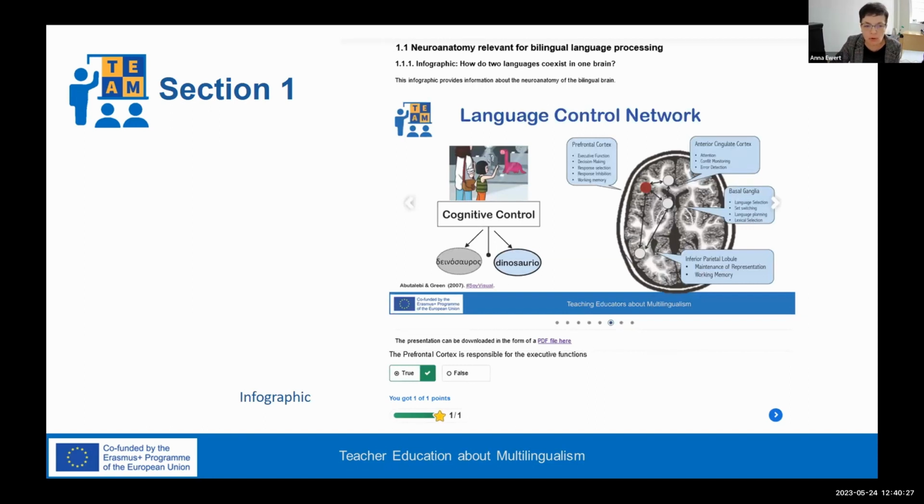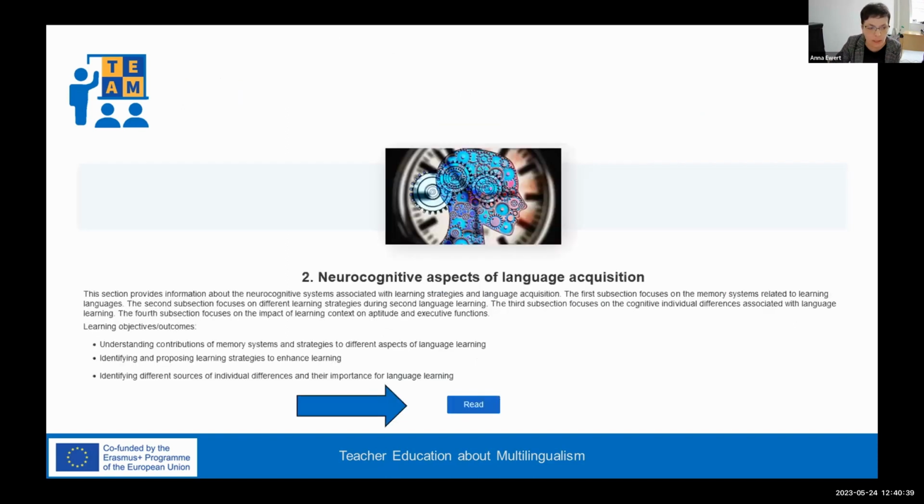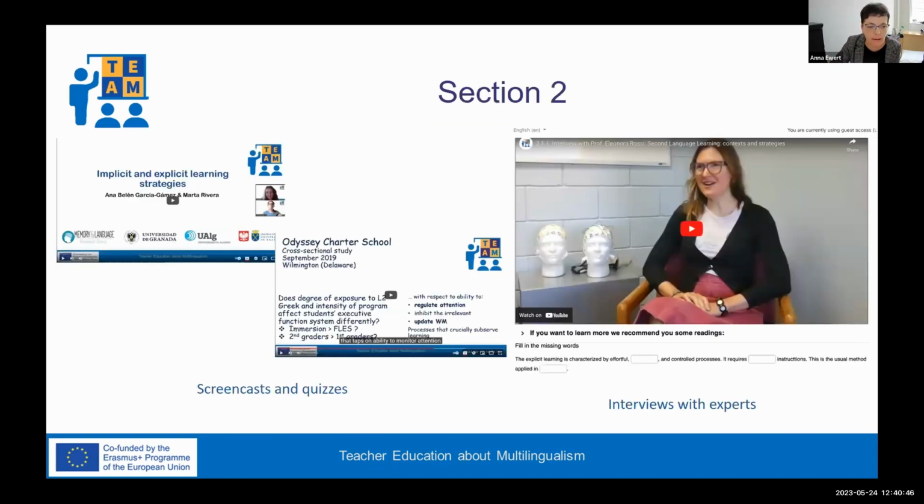But in section 1, we have this wonderful infographic about the organization of the languages in a bilingual brain and how they're processed. Then in section 2 on language acquisition, we have screencasts and quizzes, as well as interviews with experts.